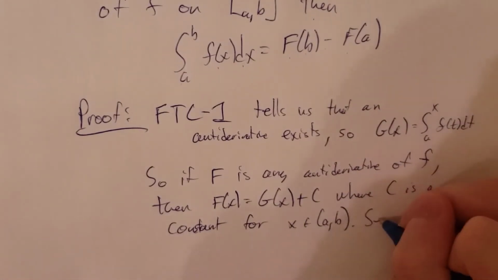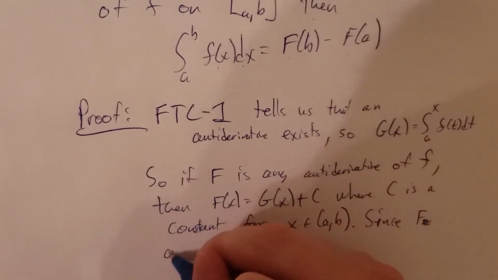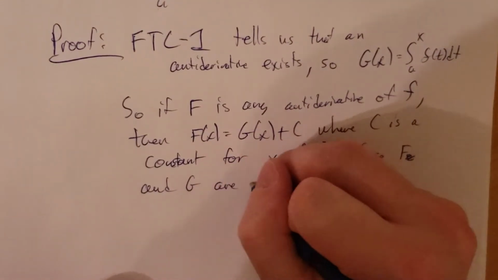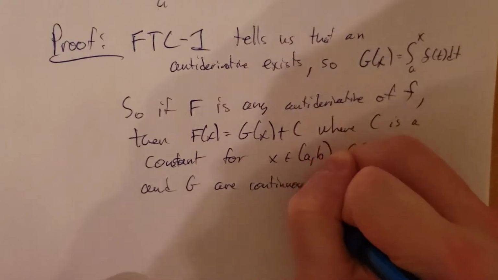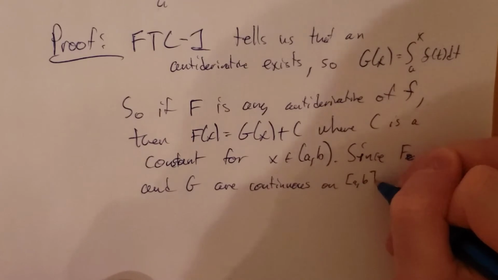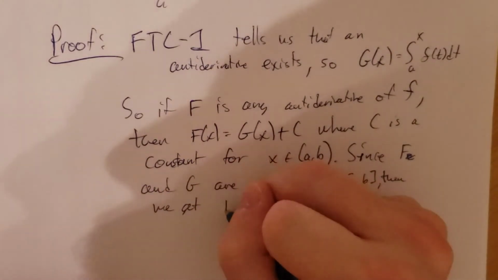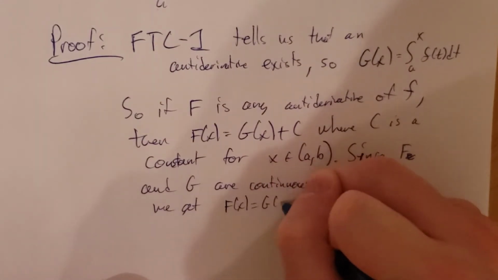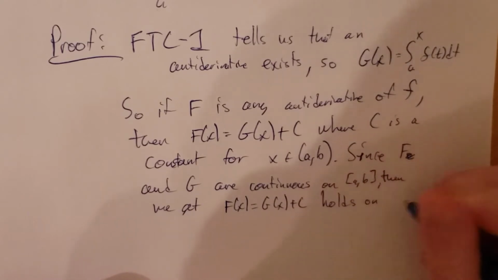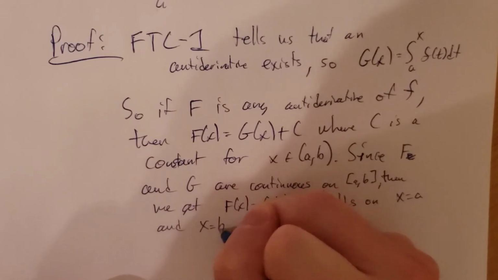And it turns out also, since f and g are continuous on the closed interval a to b, then we get that capital F of x is equal to g of x plus that constant c. This holds on the endpoints x equals a and x equals b.